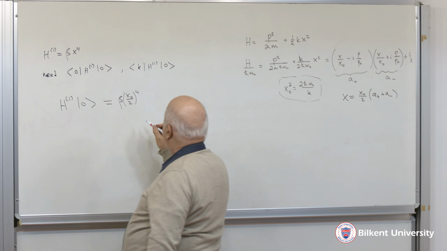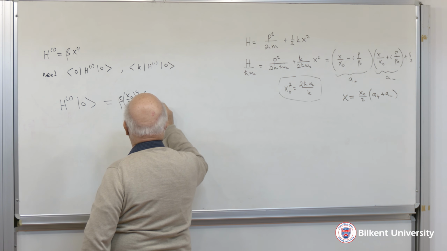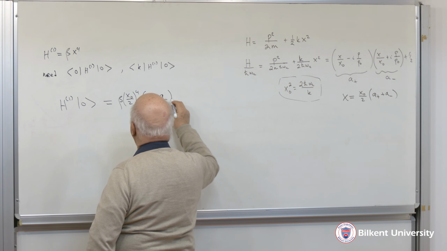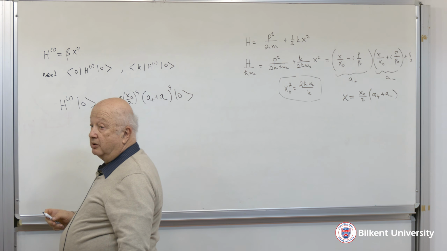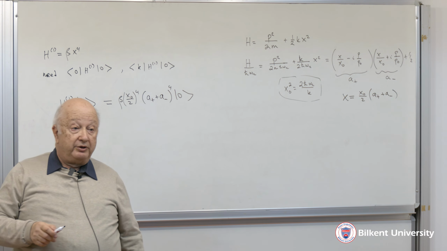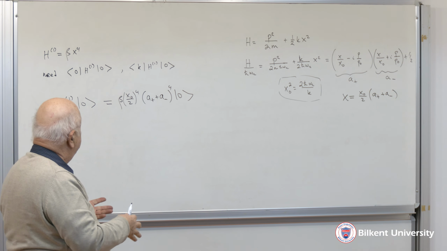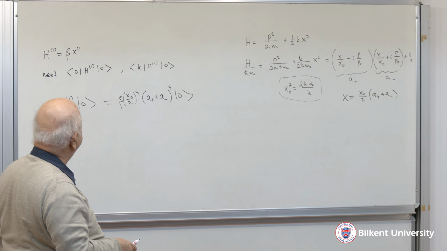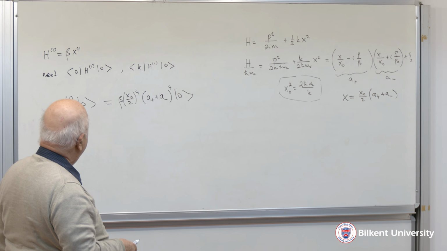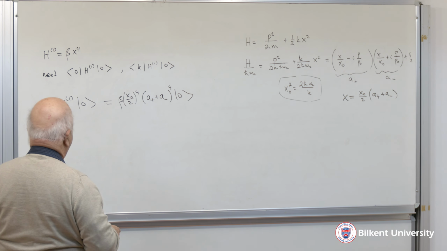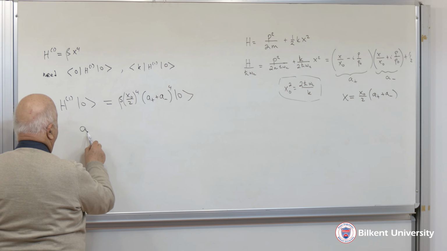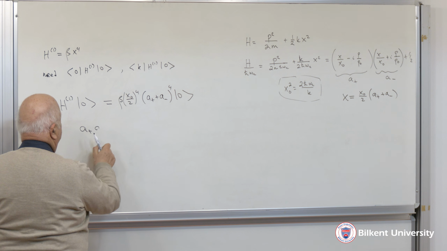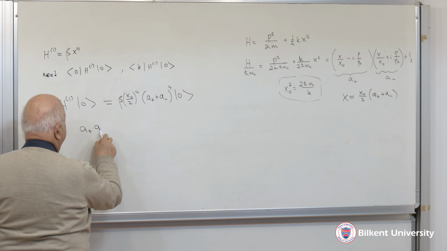So I have a plus plus a minus to the 4th power operating on the ground state. Okay, so it's just the problem of counting, so that I don't get any zeros. Okay, so it's really some amount of algebra, but I'm confident that you'll help me.